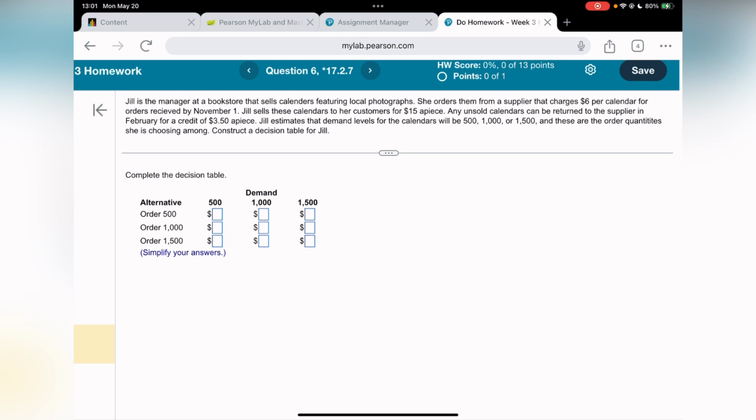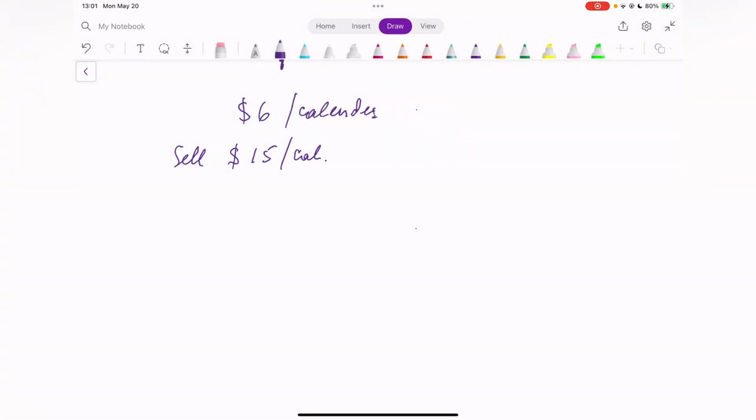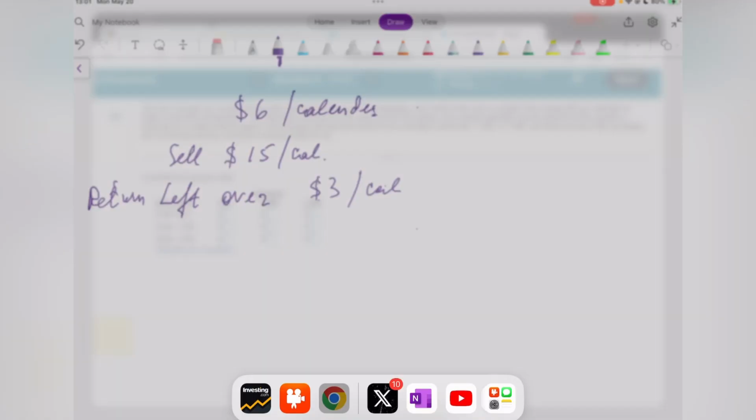Let me put it this way: leftover calendars can be returned for $3.50 each.